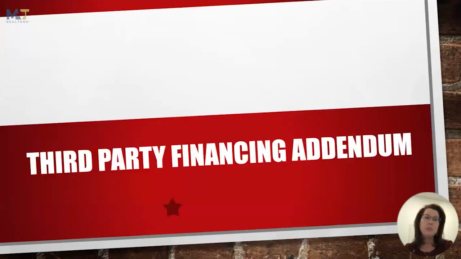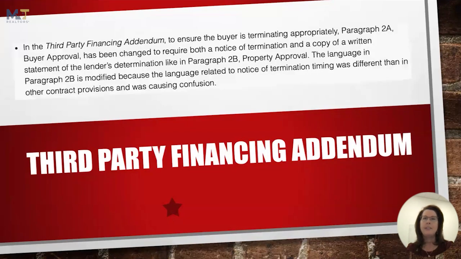All right, moving on to the third-party financing addendum. We have some changes in that, and we've already talked about that. So this is talking about the third-party financing addendum to ensure the buyer is terminating appropriately. Paragraph 2A, buyer approval, has been changed to require both a notice of termination and a copy of written statement of the lender's determination, like in paragraph 2B.